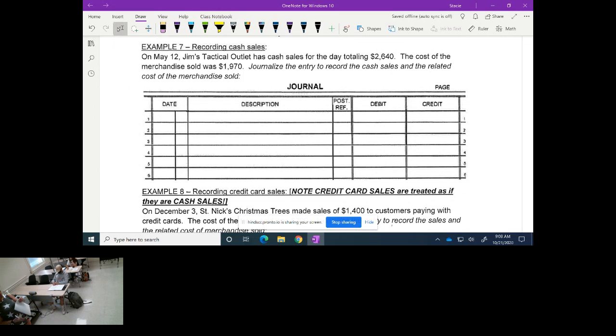All right, so Jim's Tactical Outlet on May 12th has cash sales for the day of $26.40. Cost of merchandise sold was $19.70. So journalize the sale and the related cost. You would date it, and he said cash, right? We're going to debit cash for $26.40. Credit sales for $26.40.